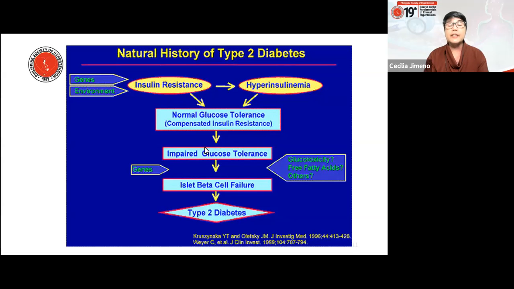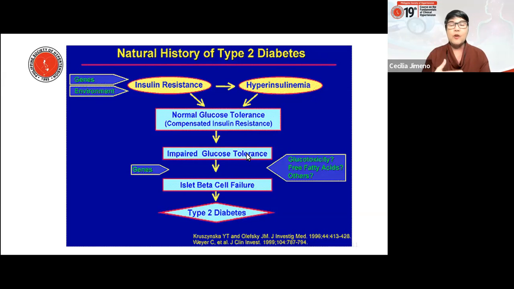So initially, let's say at the point where we have pre-diabetes, or even before that, because of our genetic predisposition, certain environmental factors such as decreased physical activity or increase in caloric intake, we develop insulin resistance, sedentary lifestyle, increased food intake. However, our body is able to cope because our beta cells make more insulin. So our sugar doesn't go up initially.